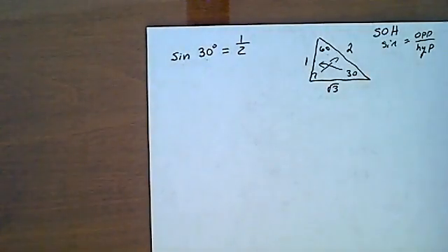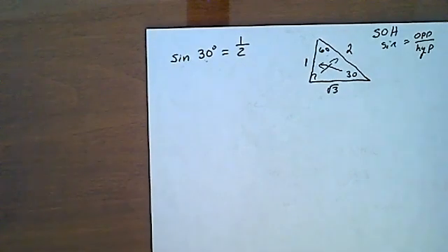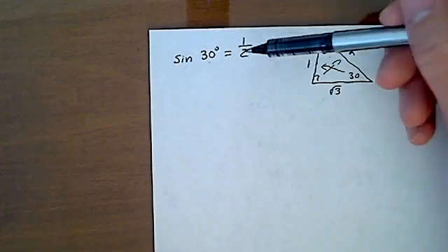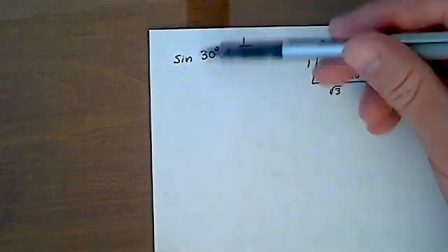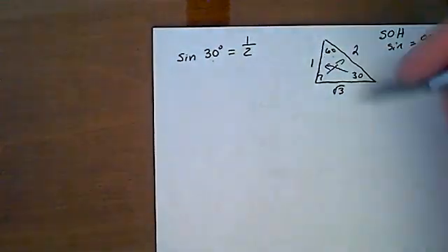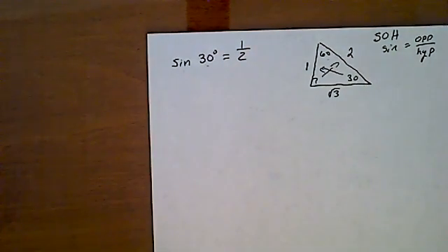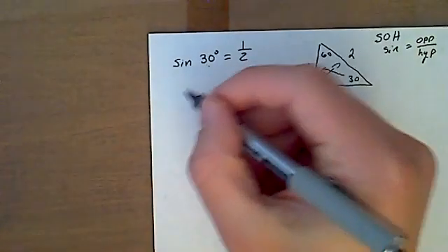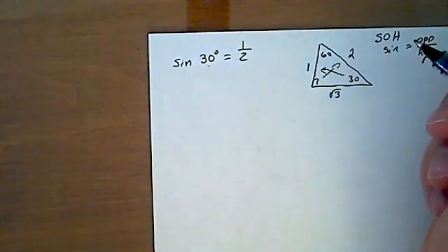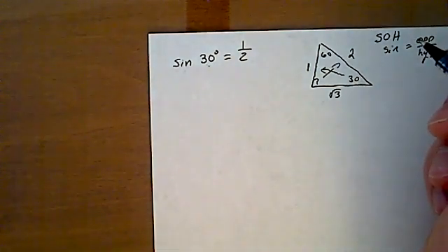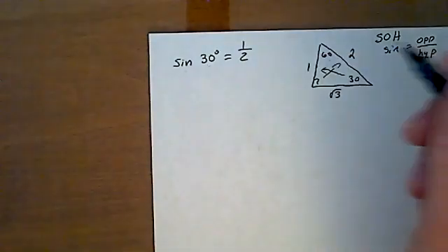If it comes up to something weird like 0.9 or something like that, your calculator is in something else called radians, and you need to change it to degrees. If you don't know how to do that, I can help you, but you would need to talk to me about that. All right. If you're using an online calculator, I don't recommend it, but there's usually a button you can press to just get it flipped over.